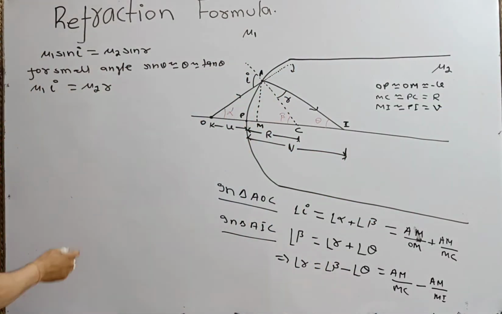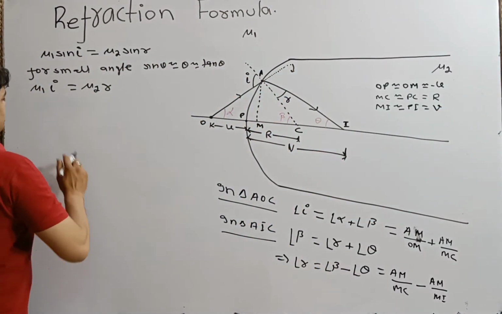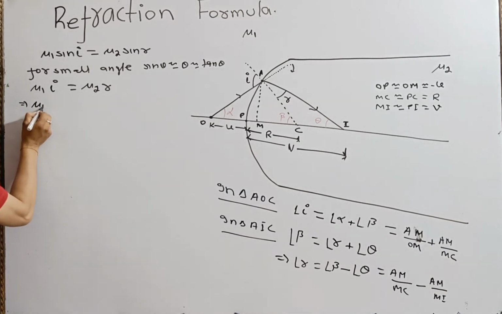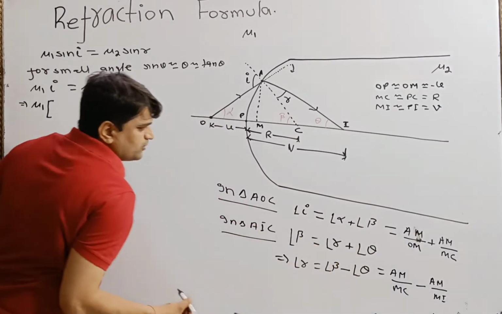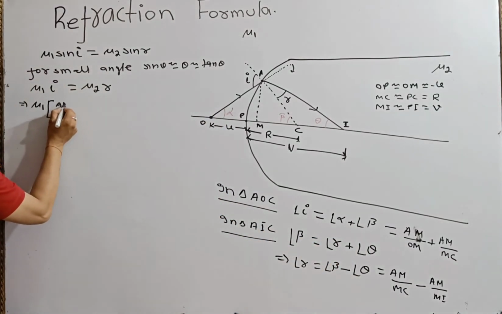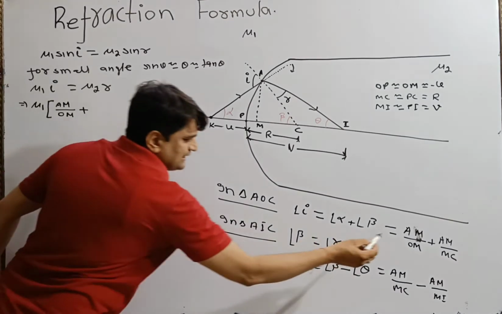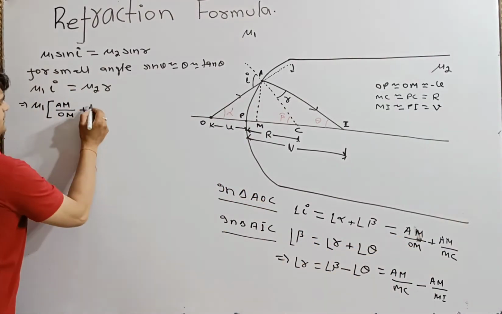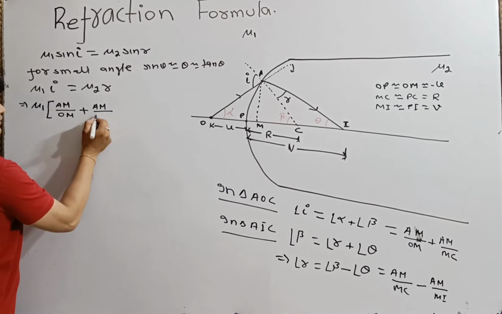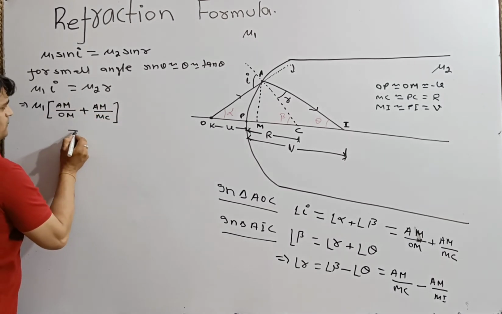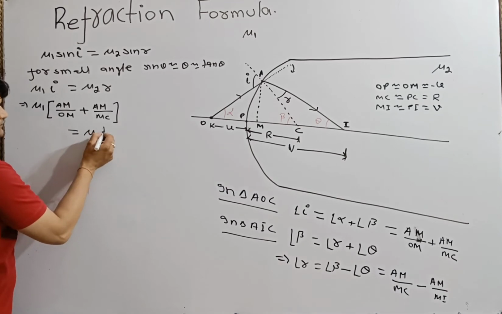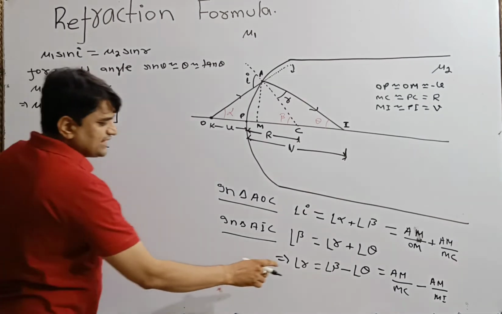Now put the values. Mu1 i, that is mu1, and what is i? i is AM upon OM plus AM upon MC, equal to mu2 r. What is r here?